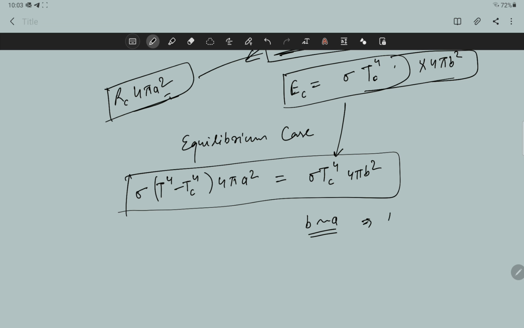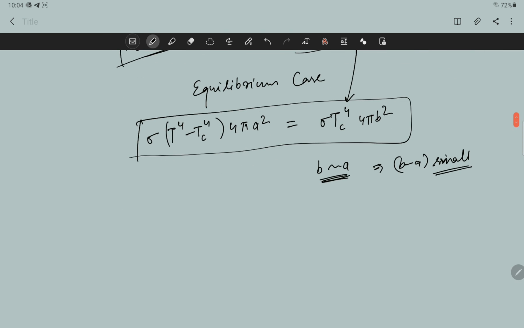This means that b minus a is very small, so the cloud is very thin in comparison to the radius of the star. In that case, we will treat b as approximately equal to a.